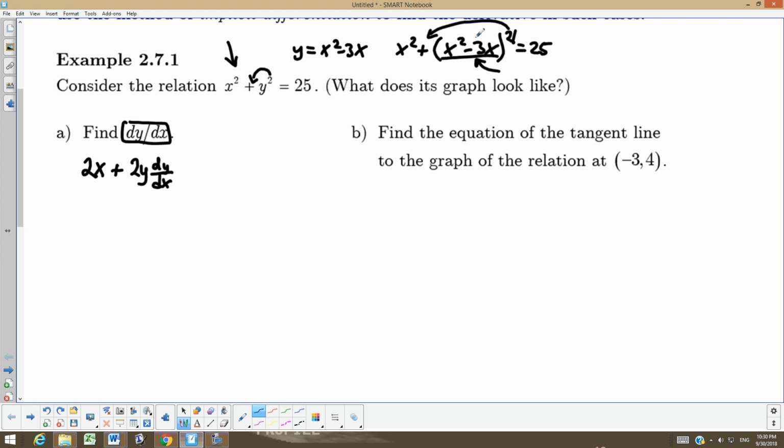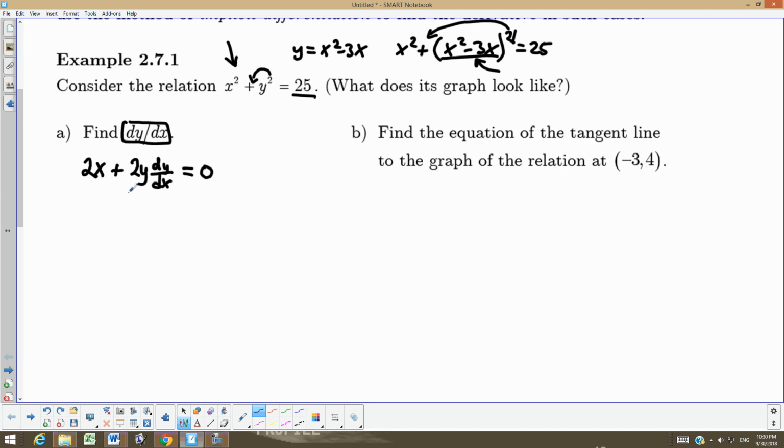If y happens to be x squared minus 3x, then my chain rule would say that the derivative of the inner function is 2x minus 3. But since I don't know what it is, best I can do is say times the derivative of y, equals the derivative of 25, which, as everybody knows, the derivative of a constant is 0.